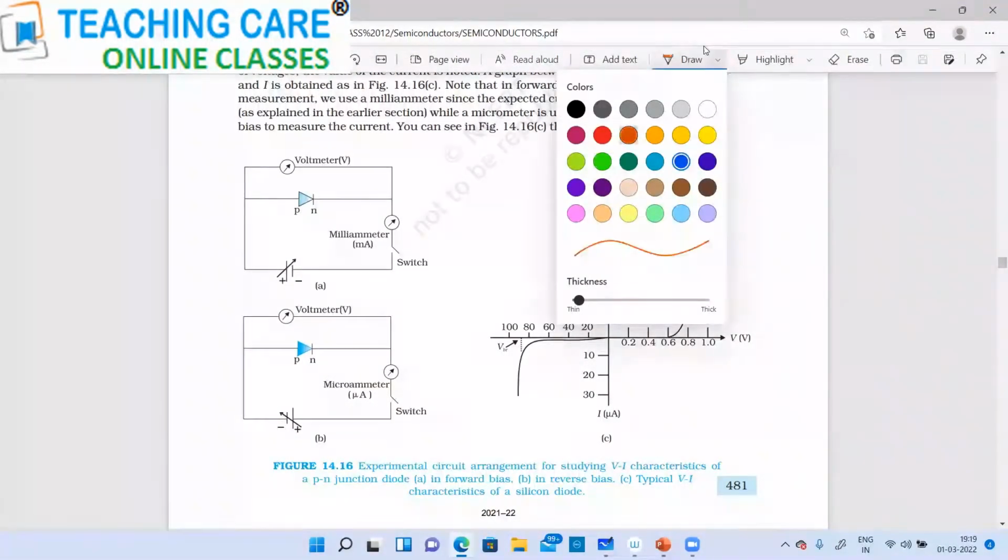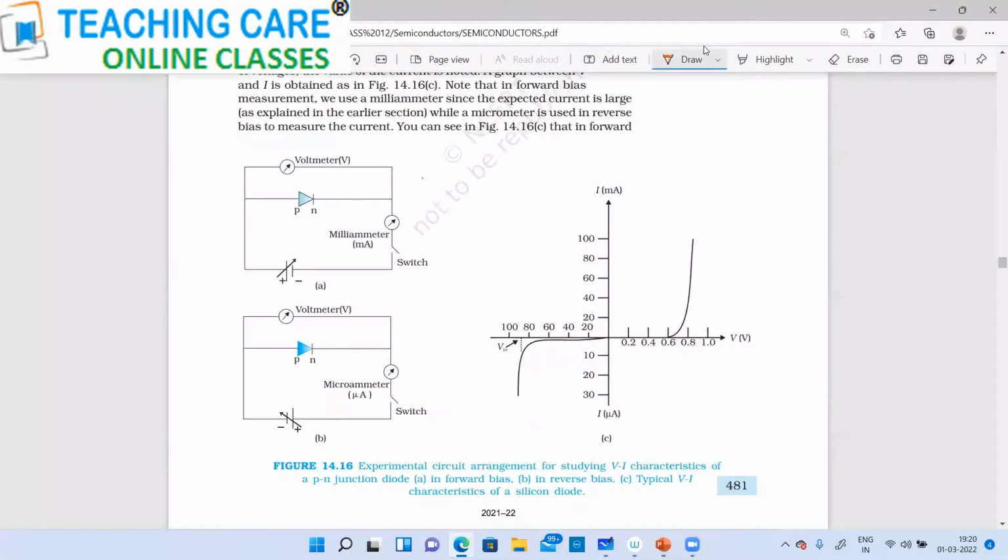See here, the first circuit is under forward bias. The P side is connected to the positive terminal and N is connected to the negative terminal. A milliammeter measures the current in milliampere, and a voltmeter is connected. We know the forward current is little more than the reverse current, isn't it? So this is the first circuit for forward biasing.